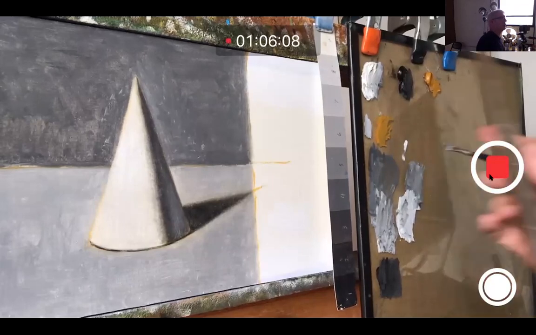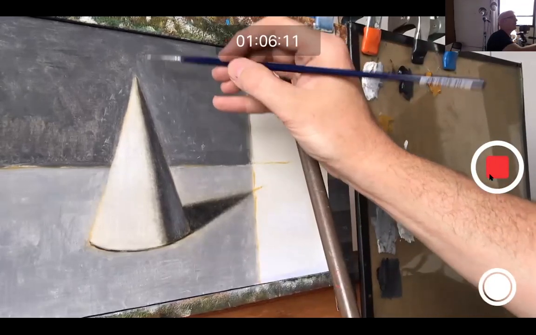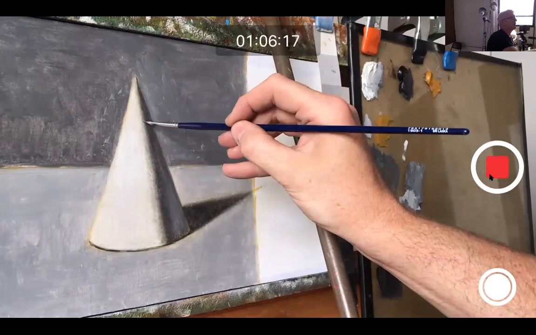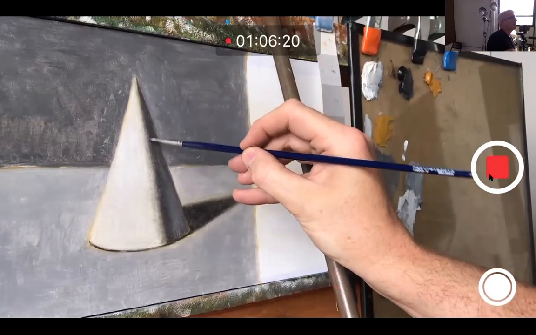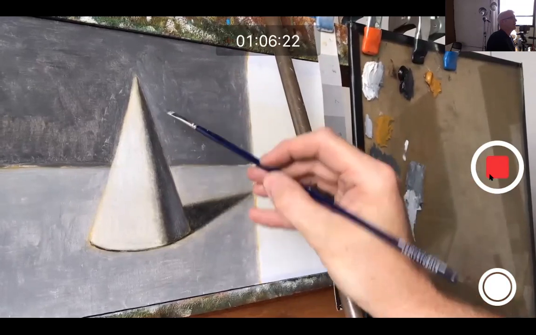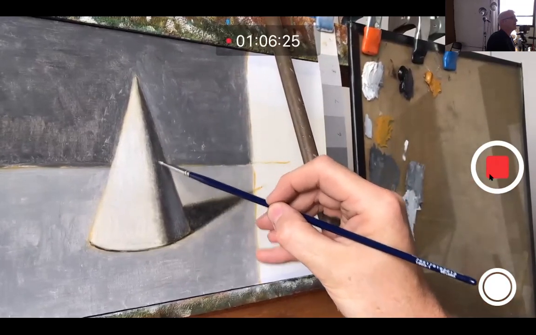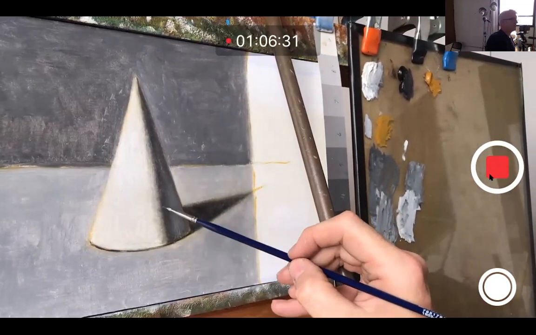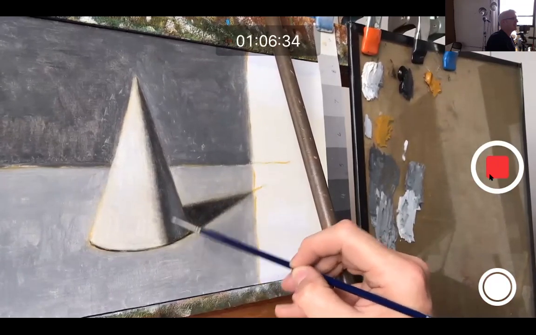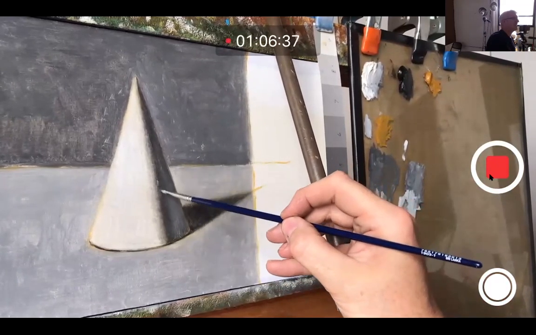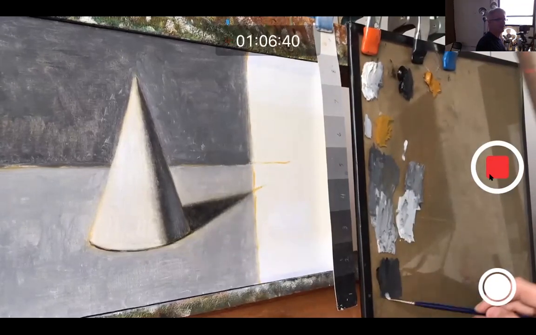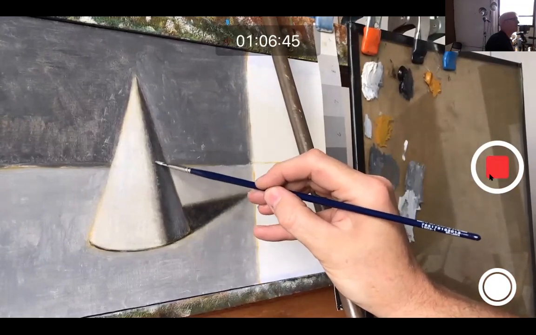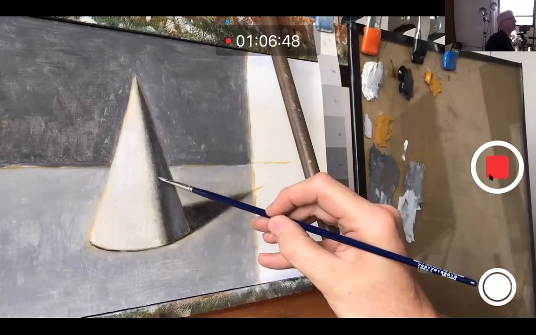If you want to work in a broader way, that's a stylistic choice, as long as you're creating a convincing sense of light and shadow and a convincing sense of the volume of the object. So I'm just working this shadow edge to try to develop that transition.